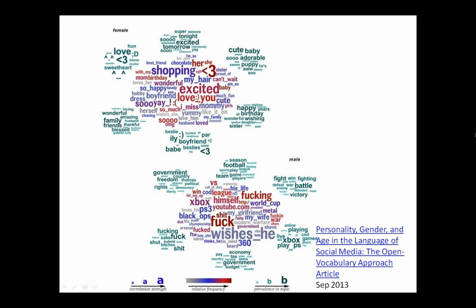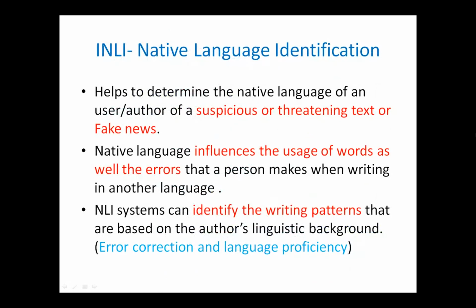Here you can see enemy, battle, fighting, victory, sports, play, game, government, country, freedom, economy, tax. So you won't see economy, tax, government words in the female text content. From their content you can understand that. It's like a content analysis.